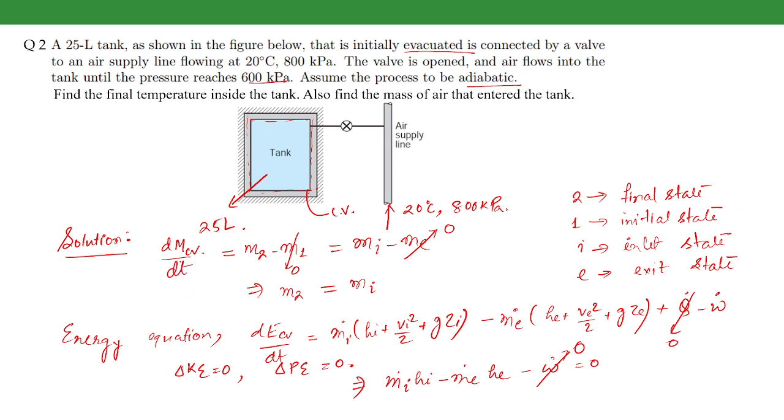Okay, this basically dm CV by dt is equal to mi minus me actually. And this one is not 0, this will be final internal energy minus initial internal energy. Okay, so from this we get that m2u2 minus m1u1 is mihi minus mehe.